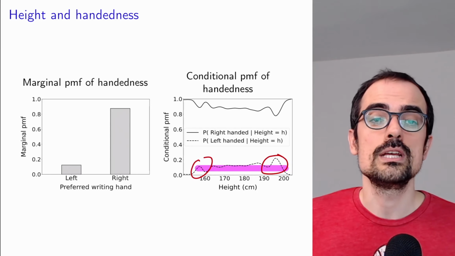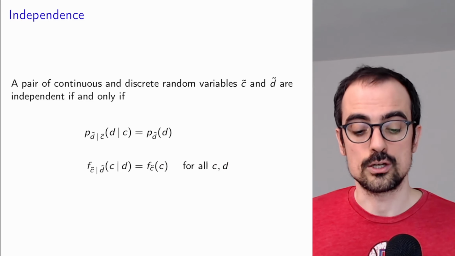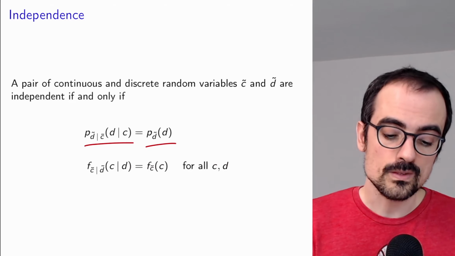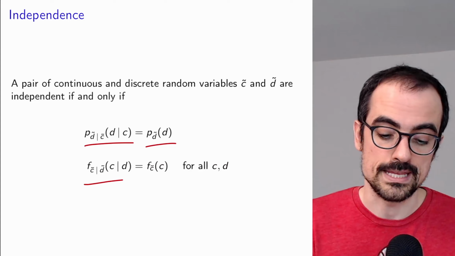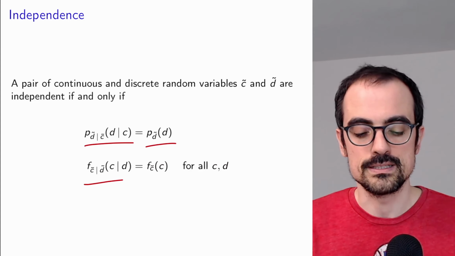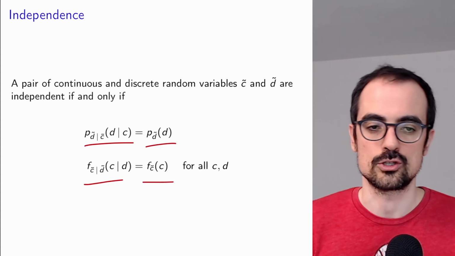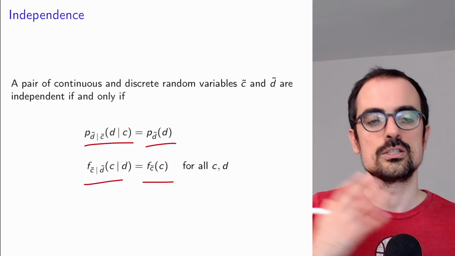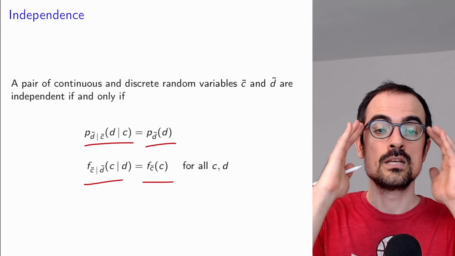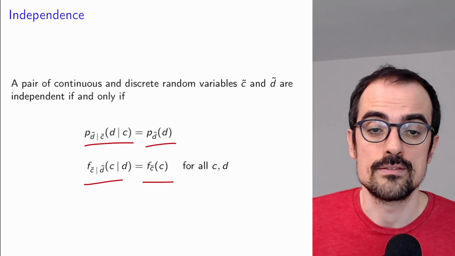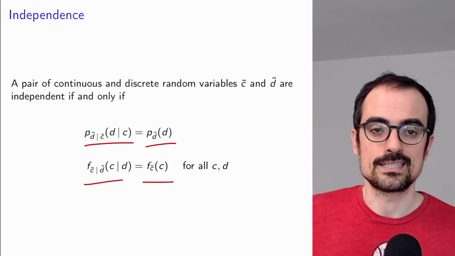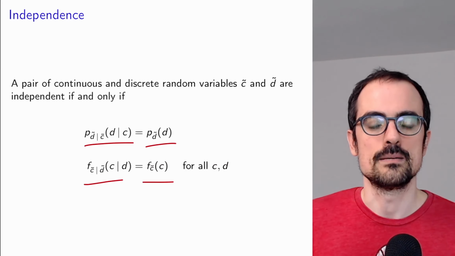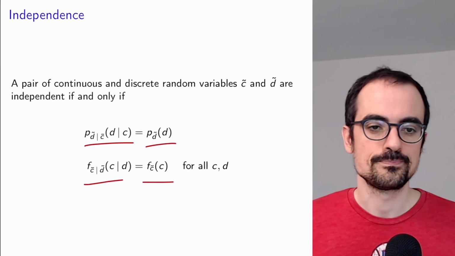Taking it to the extreme, if it happens that the conditional PMF of the discrete random variable is the same as the marginal, and the conditional PDF of the continuous random variable given the discrete random variable is the same as its marginal density for every possible value of the discrete and continuous random variable, in that case, we say that the random variables are independent. From the data set that we have observed, it seems that being left or right-handed is independent from height.